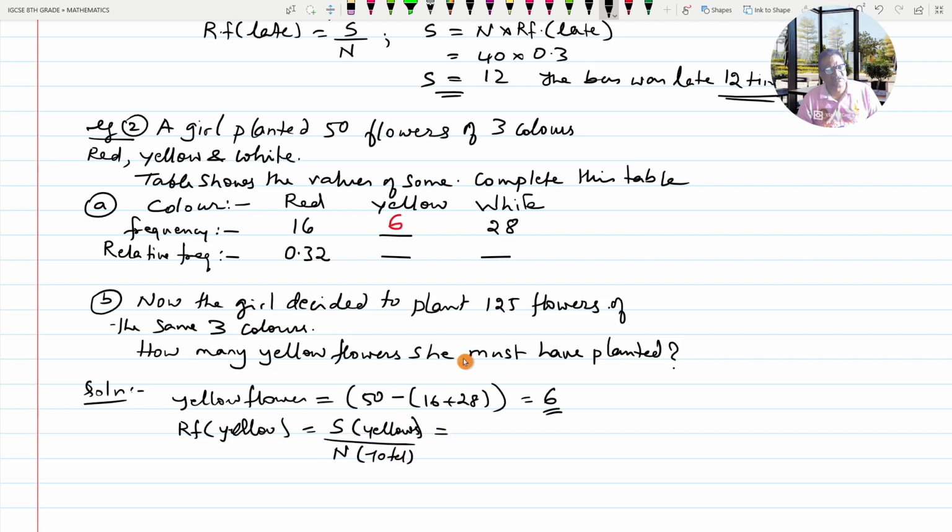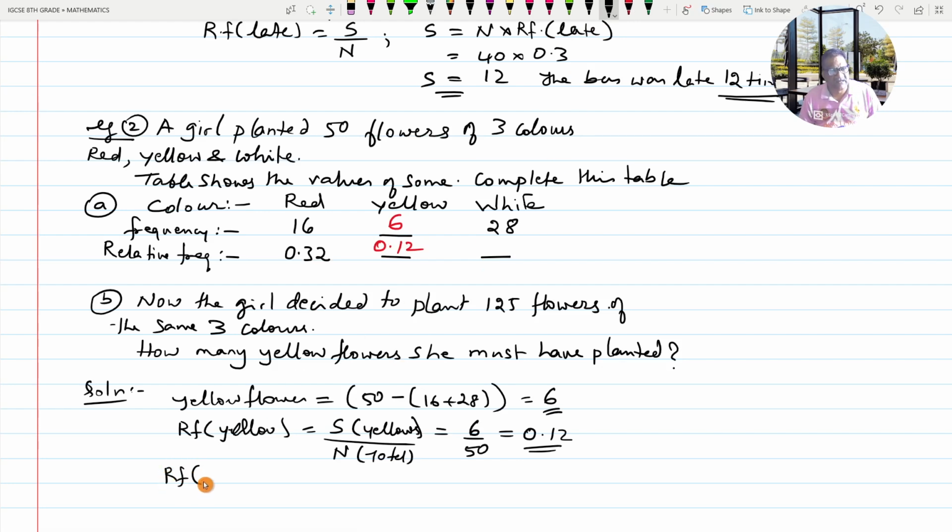So S of yellow is how much? 6. And N is how much? 50 flowers. So it will be 6 upon 50. Am I right? And 6 upon 50 should work out to 0.12. So this has to be the relative frequency of yellow flowers. Now this also you have to fill up. Okay, so this also we can calculate in the same way.